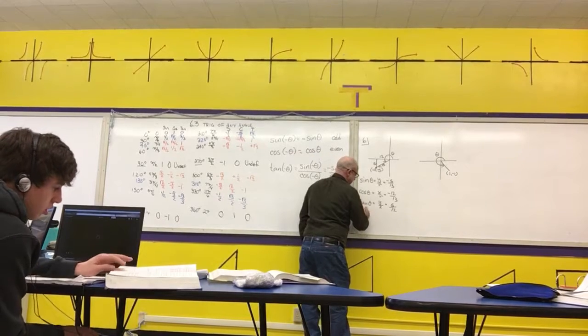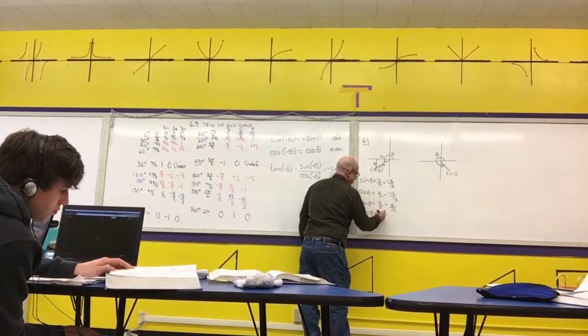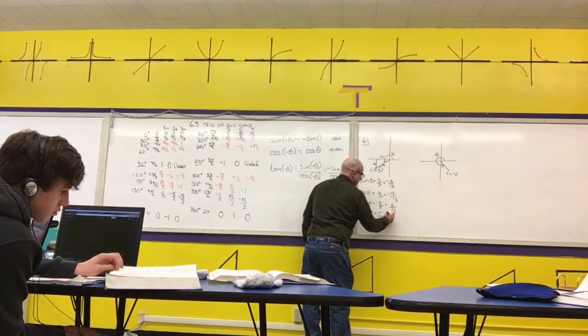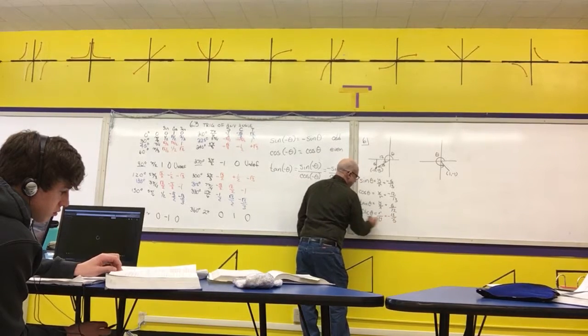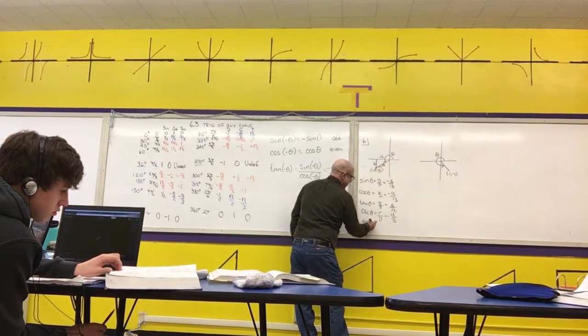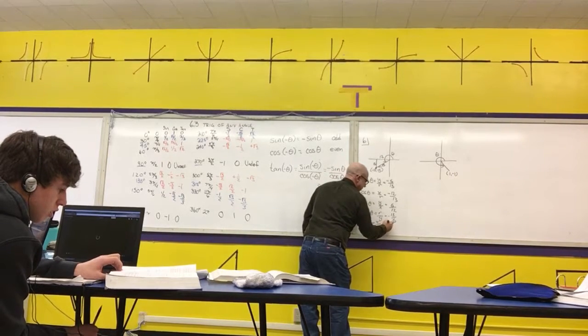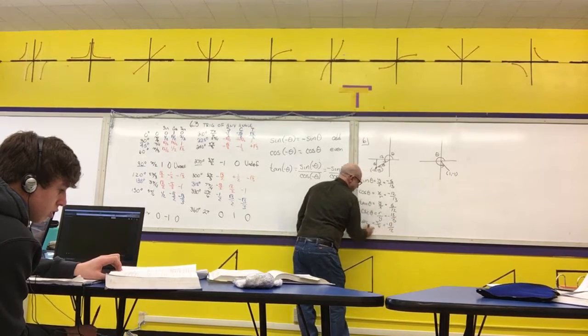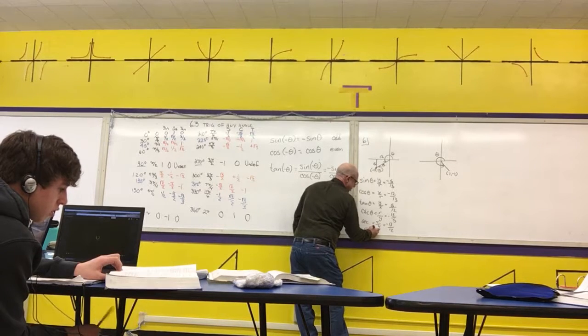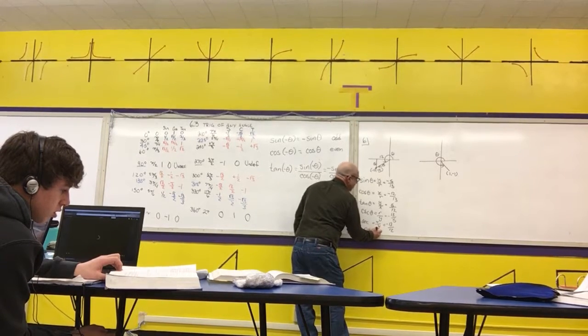Cosecant is r over y, which is negative 13/5. Secant is r over x, which is negative 13/12. And cotangent is x over y, which is 12/5.